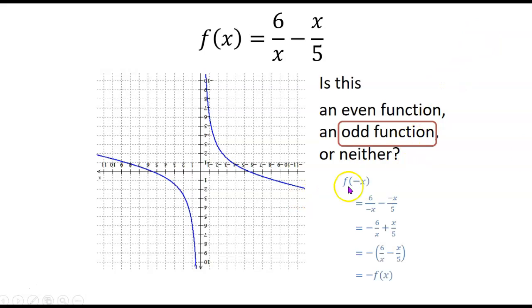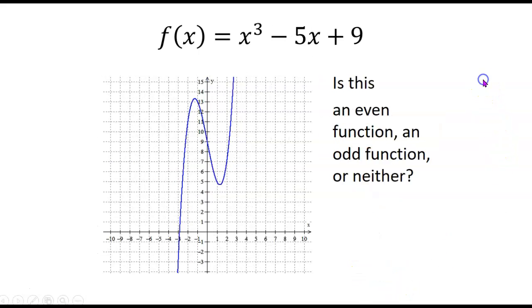And again, we could look at f of negative x, where we replace each x with minus x. We could factor out a minus sign, and it would be minus f of x. What about this one? Is this an even function, an odd function, or neither? Well, it's not symmetric with respect to the y-axis, and it's not symmetric with respect to the origin, so it's neither one of those.